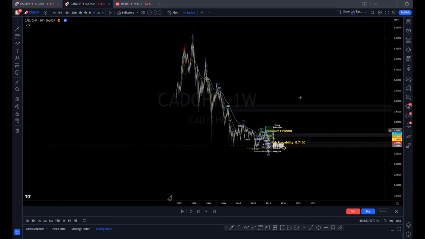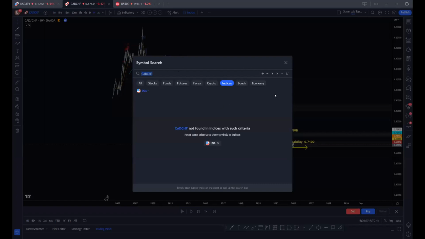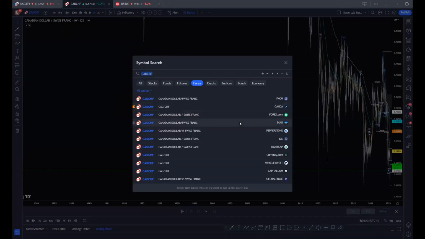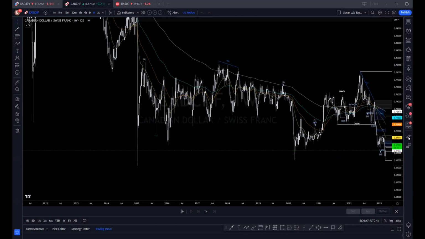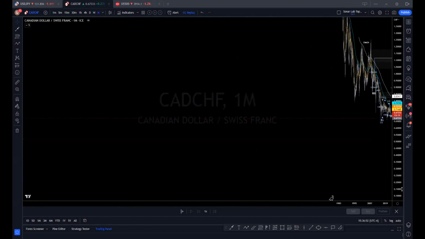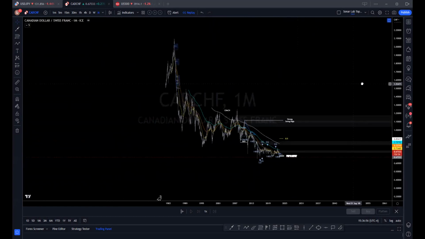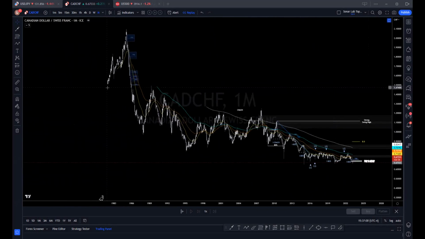This is the price for CAD Swiss French. Historical price. Let me see if I can get more of a historical price. I'm going to the monthly. You guys tell me. This is back in 1982.